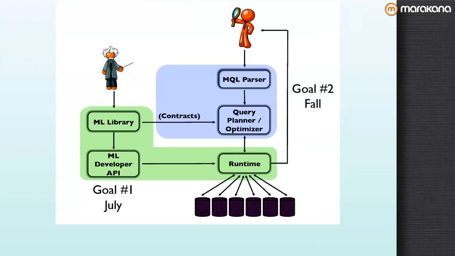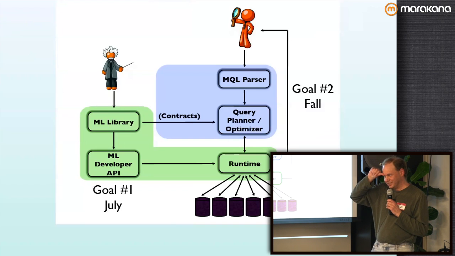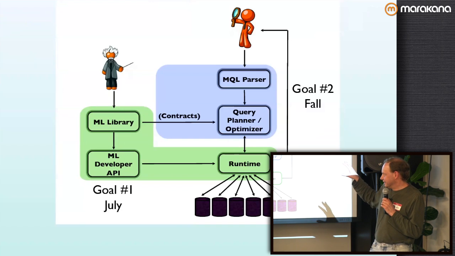That high-level description of what you want will get passed into a query planner and optimizer, similar to the SQL way of doing things, and that will turn into a set of runtime jobs against a Spark cluster. I don't want to go too much into the details because we'd be stepping on the toes of the guys presenting in a week.